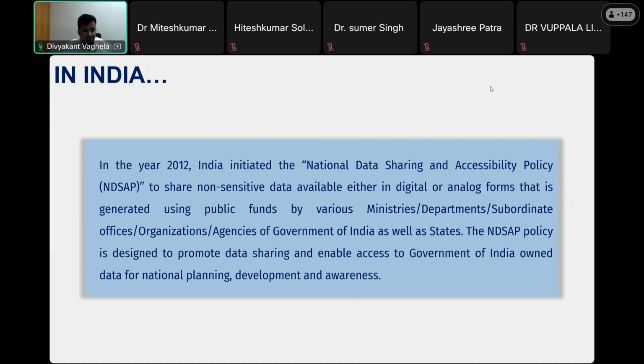The reason behind this is to promote data sharing and enable access to Government of India owned data for national planning, development, and awareness. So in India, we have that NDSAP policy to share non-sensitive data. Hope you are aware of data.gov.in.